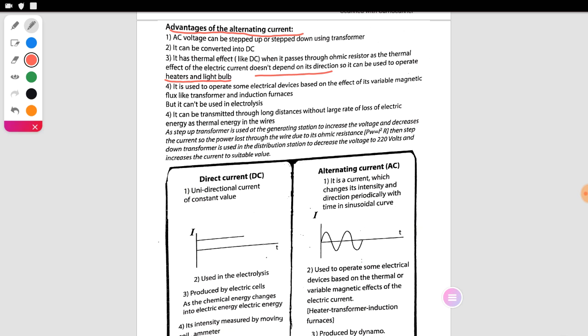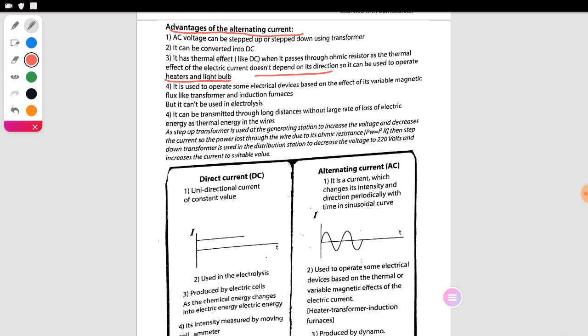From the advantages of the alternating current, it can be used to operate some electric devices which are based on variable magnetic flux, like the transformer and induction furnace.